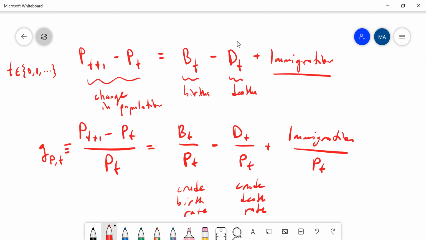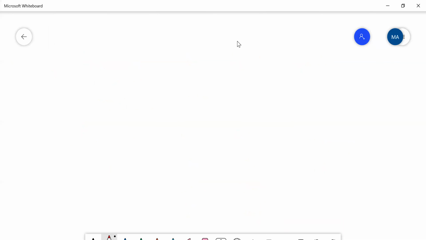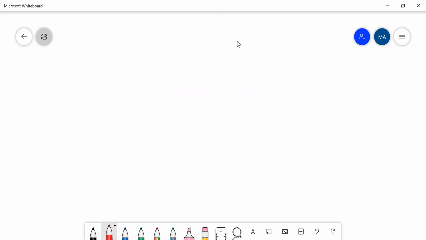So let's start with births. When we talk about births, other than the crude birth rate, which we already defined, we look at a particular indicator, which is called total fertility rate.